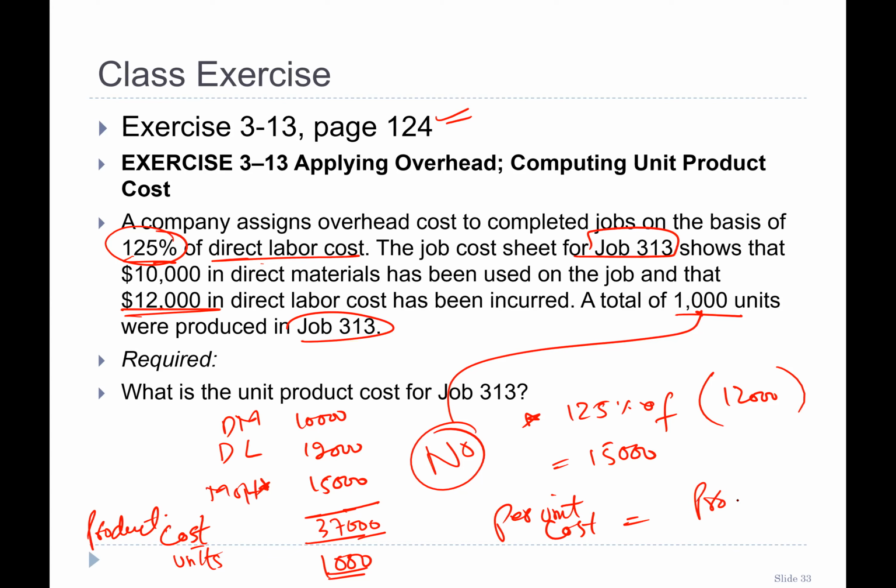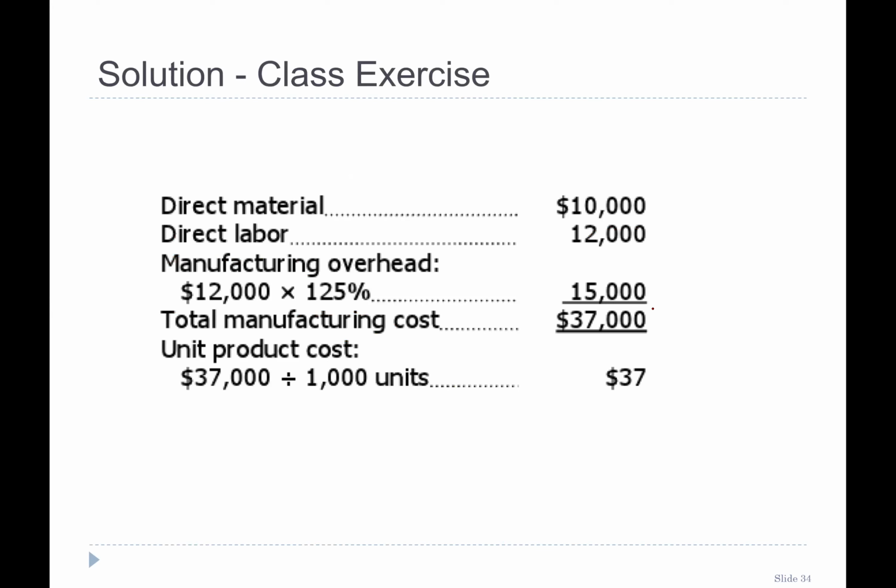Total production cost divided by units, which is 37,000 divided by 1,000. Answer is 37. Everyone, did you get the same answer? Yeah.